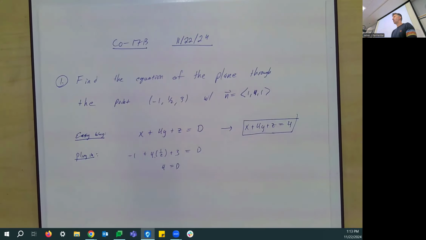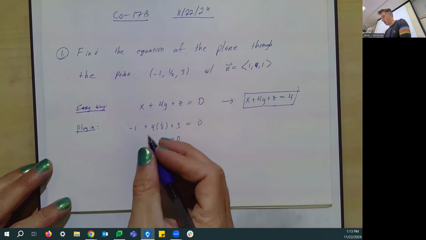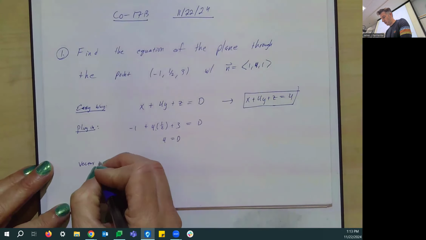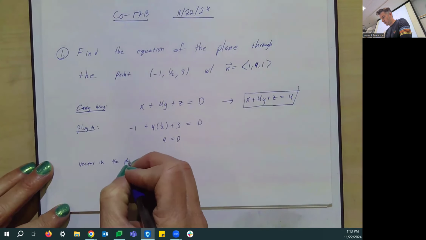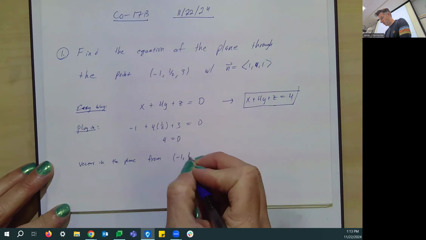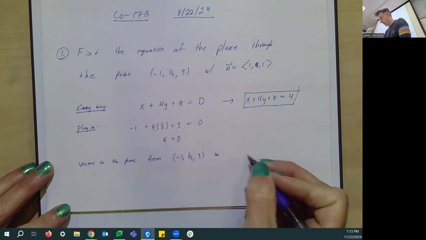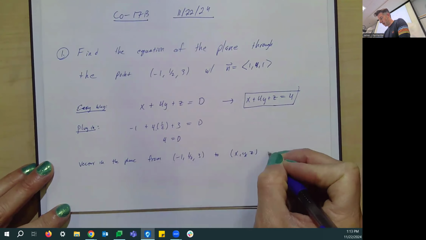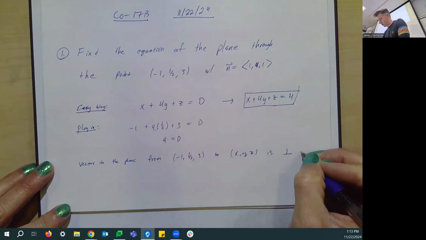End of story. If you wanted to do it the harder way, we would say the vector in the plane from the point that's in the plane, (-1, 1/2, 3), to any other point in the plane, (x, y, z), has to be perpendicular to the normal vector.